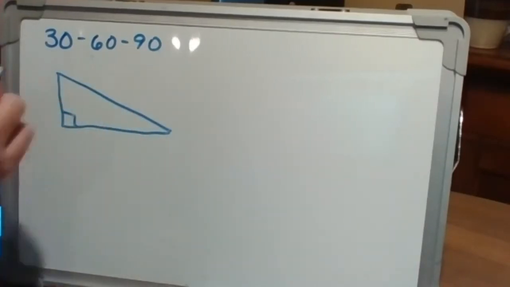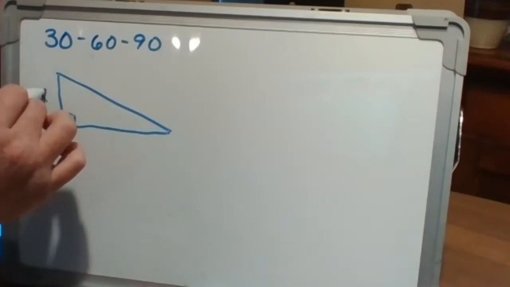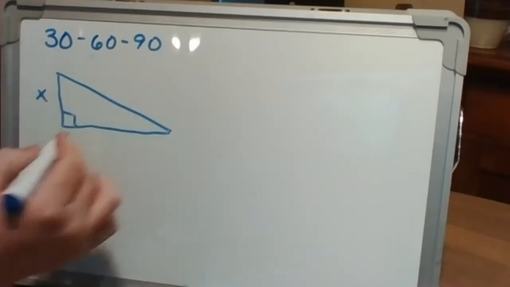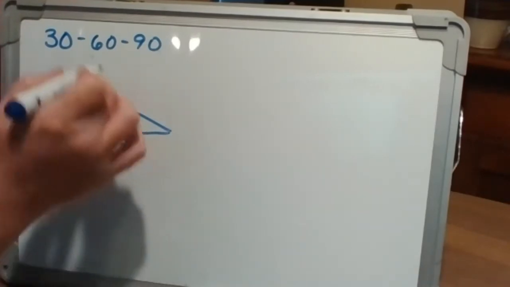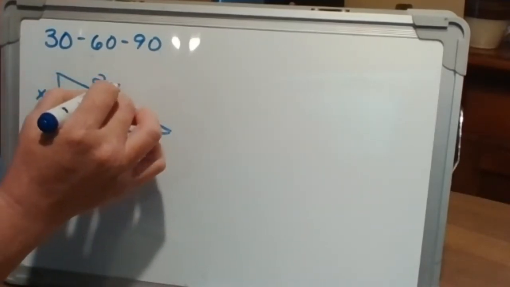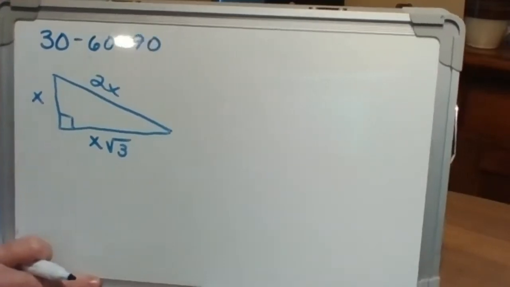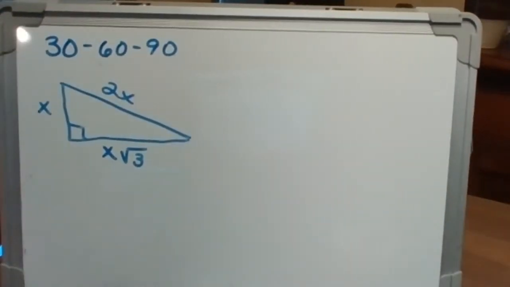Generically, we know the relationship that we label the short side x, the long side x times the square root of 3, and then the long side 2x. That's just our generic relationship for a 30, 60, 90 triangle.